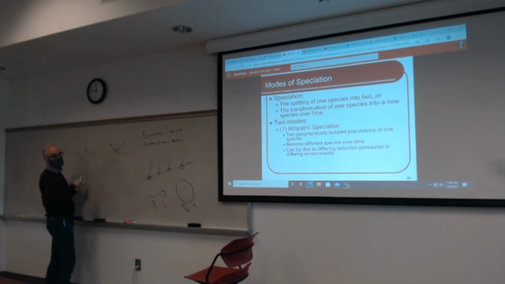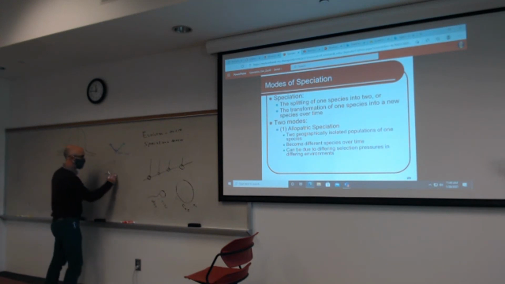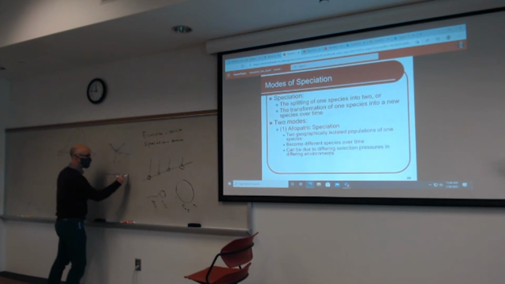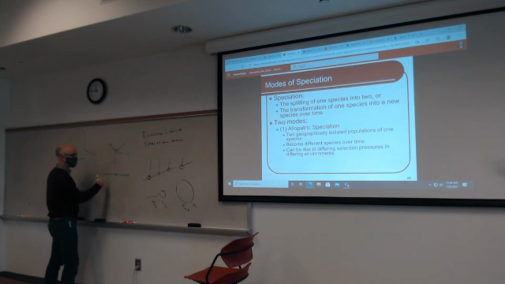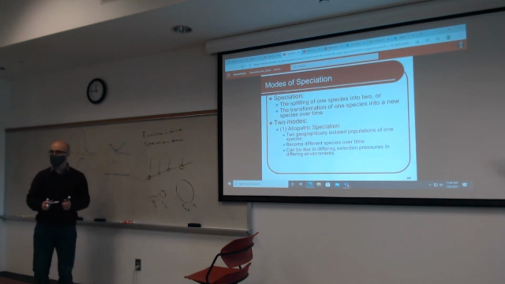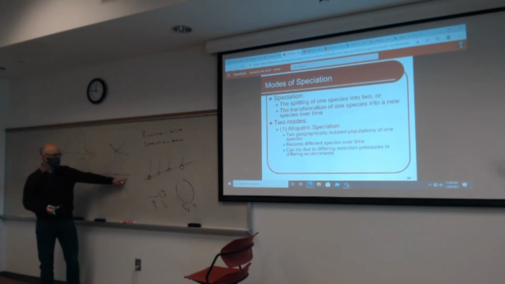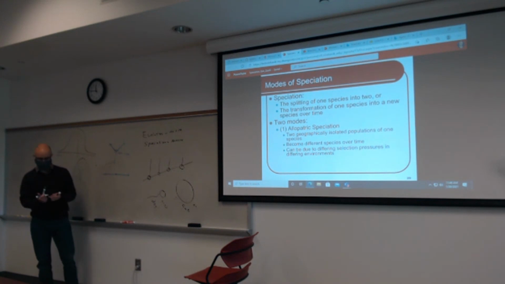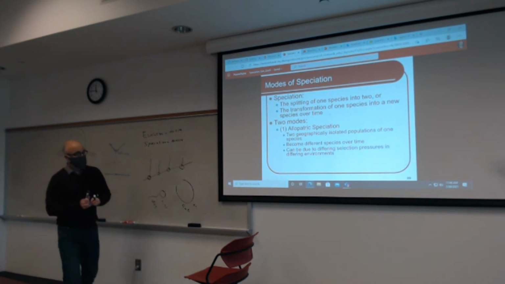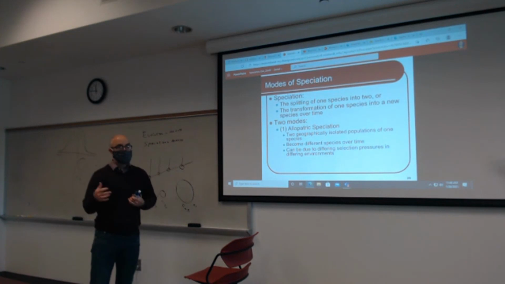Or alternatively, maybe one species just, as time goes on, changes into a different species. This one's a little more problematic because it's kind of like saying, well, yeah, that guy can't interbreed with them, but it doesn't have a time machine, right? Regardless, we're talking about the birth of a new species, okay?